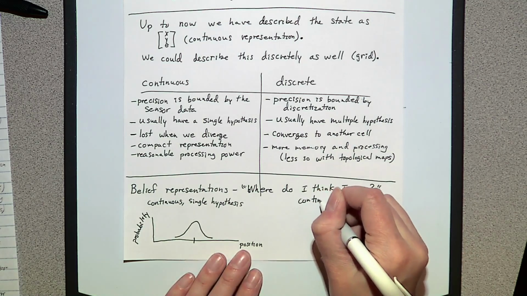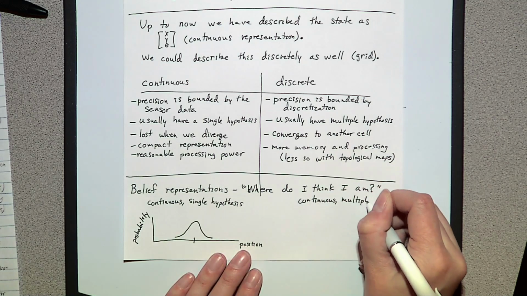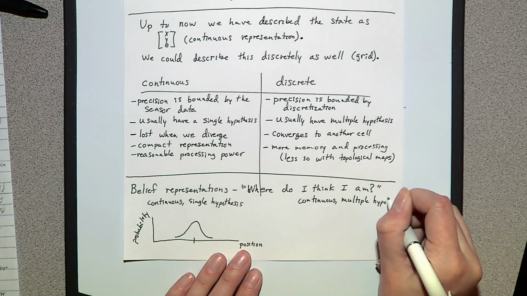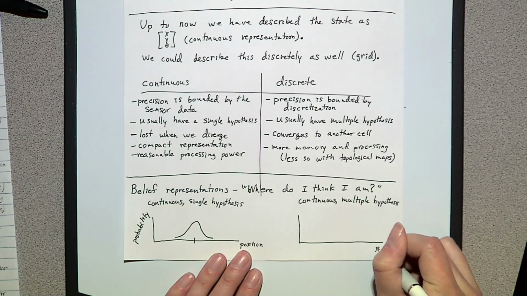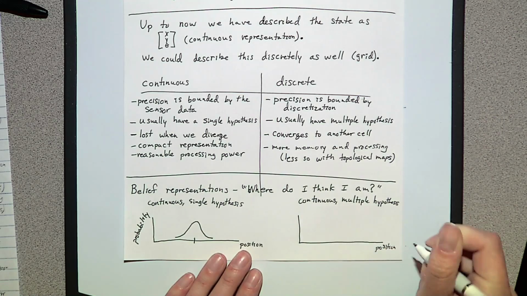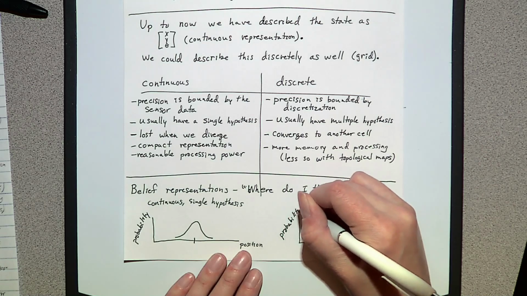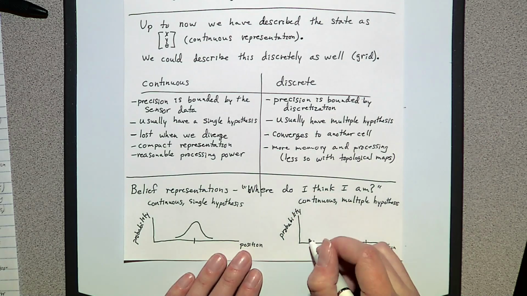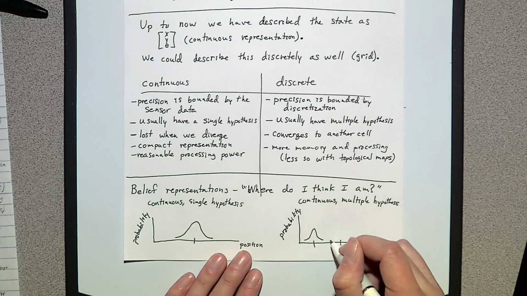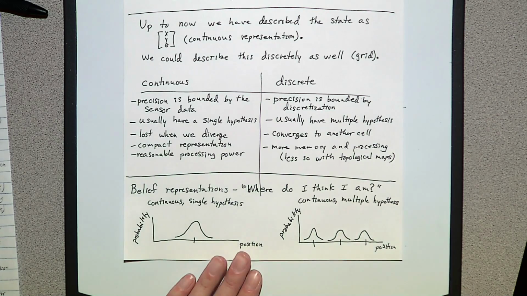If we have multiple hypotheses, then you can probably guess what this is going to look like. So basically, we have a couple different locations where we think we might be, and we have some probabilities that we're at each position.